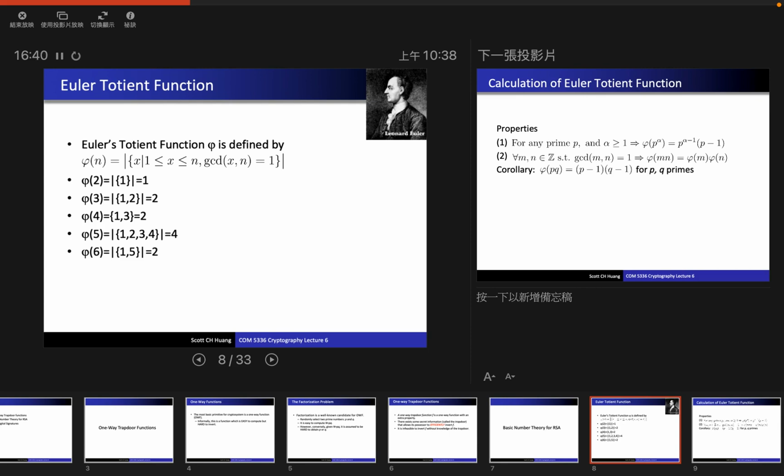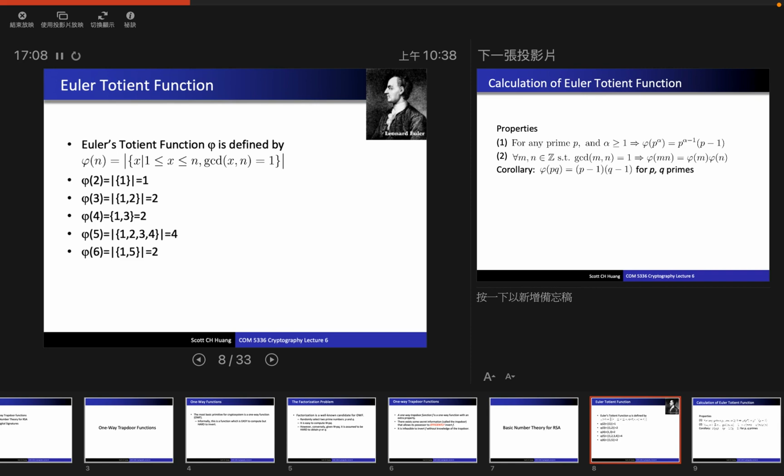And 12 does not have any other factors. So what remains? 1, 5, 7, 11. Only these 4 numbers. That is why phi of 12 is equal to 4. This is called the Euler totient function.